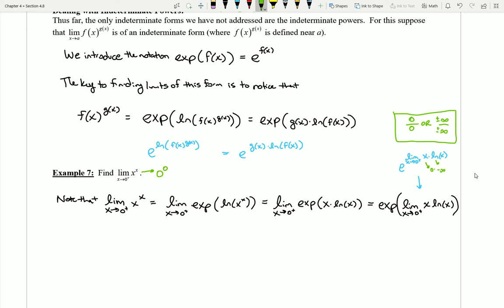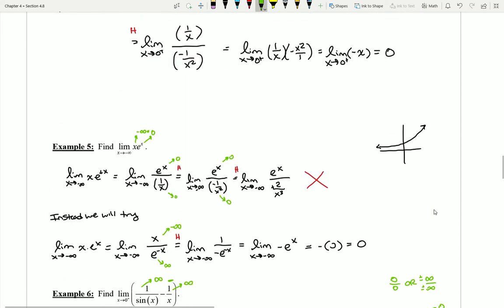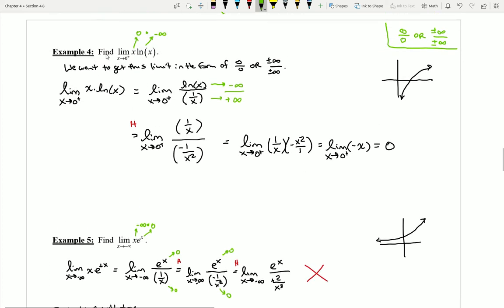And even more interestingly, you'll notice that we've tackled this exact limit before. We've dealt with this limit. In fact, if we take a look back at the previous page, this is exactly the limit that we saw in example number 4. We had a limit as x approached 0 from the right of x times natural log of x.